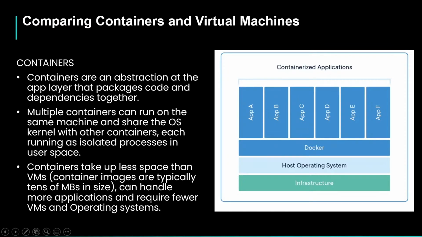Container images are typically tens of megabytes in size and can handle more applications and require fewer virtual machines and operating systems. So you see here, you have your host operating system, you have Docker, and all the applications running on different containers.